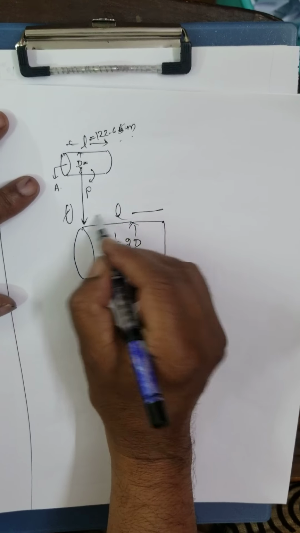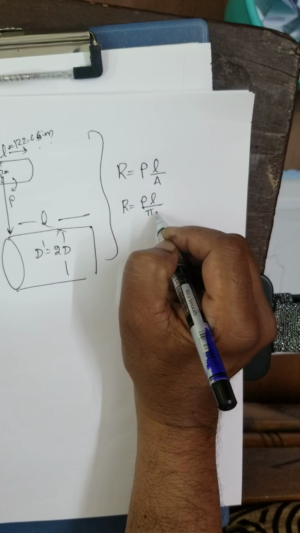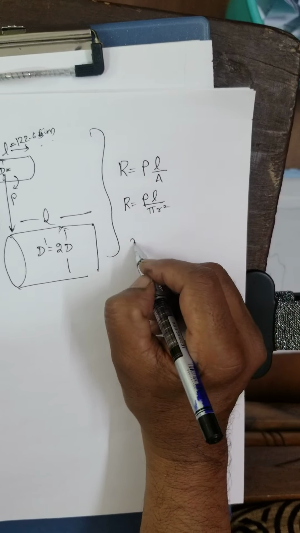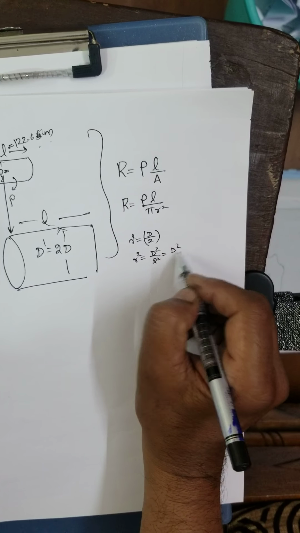See here, resistance is equal to rho L by A, right? A is Pi R square. But R is diameter by 2, so R square is D square by 2 square, that means D square by 4.